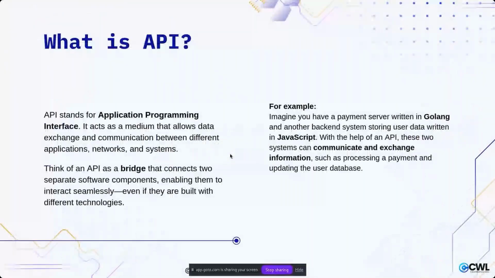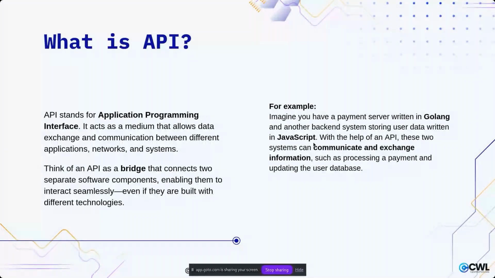API stands for application programming interface. It acts as a bridge between two softwares or networks. For example, we have a payment server written in Golang, and another server used for storing user data, for example name, password, address and phone number, which is written in JavaScript.